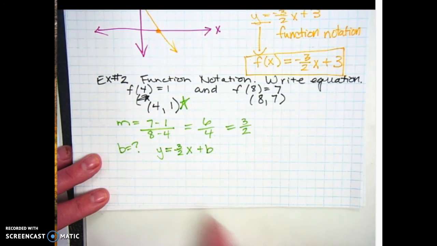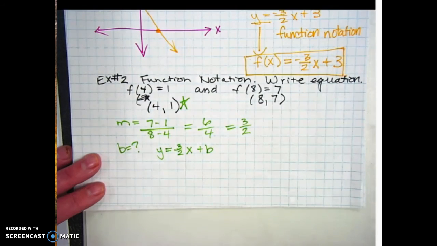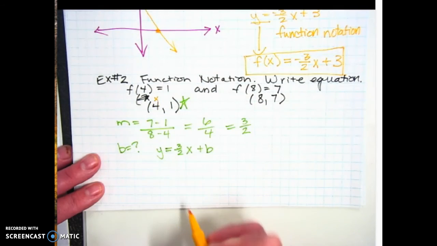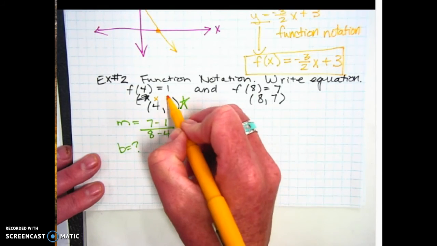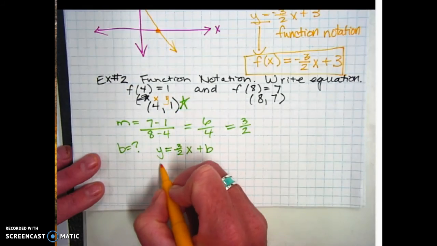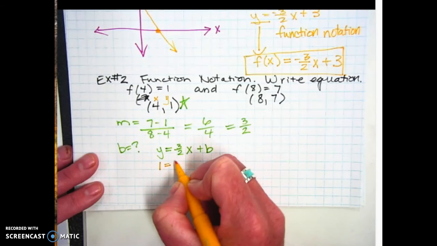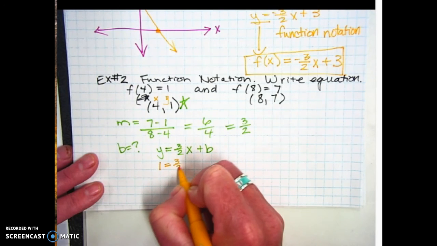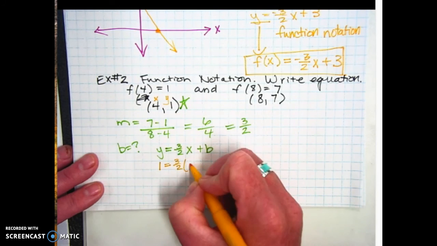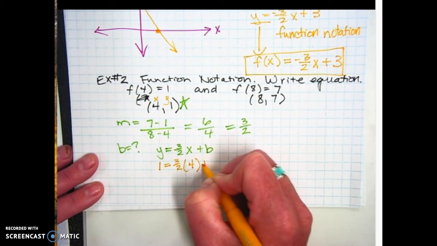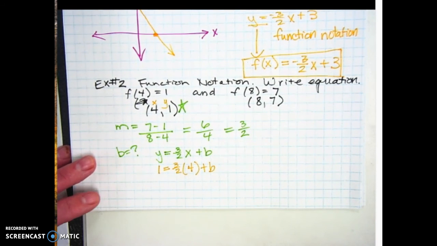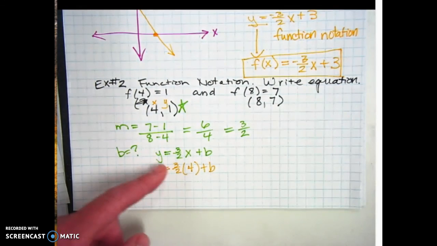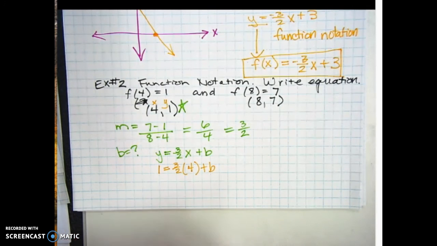We take this 4 and plug it in for x, take this 1 and plug it in for y. So we have 1 equals 3 halves times 4 plus b. Notice I've plugged in everything into the equation except for the b.